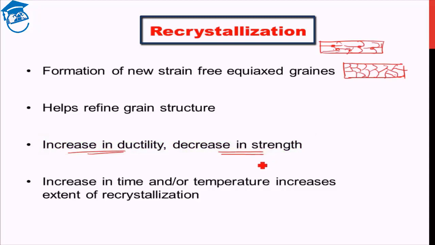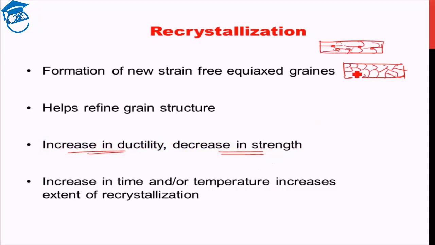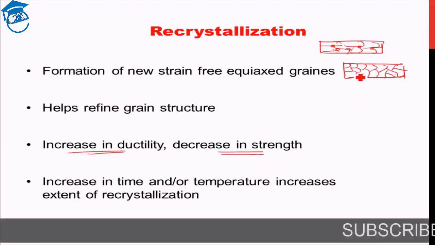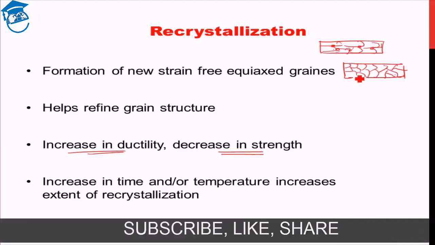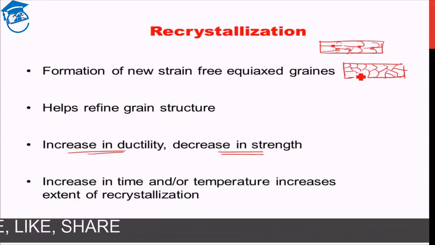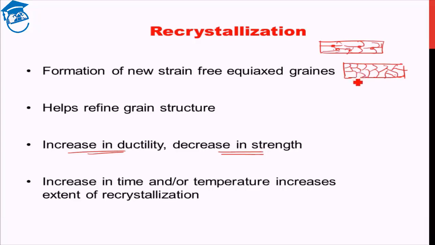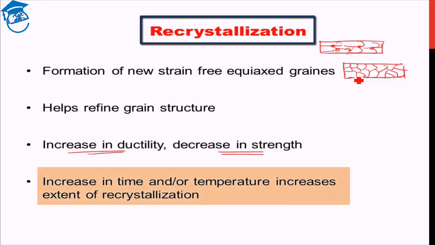But since the grains are very fine, by the Hall-Petch relation, even now the strength of the material will be quite good. The increase in time or temperature increases the extent of recrystallization. If you expose this material with elongated grains to higher temperature or more time, then the recrystallization can reach completion.